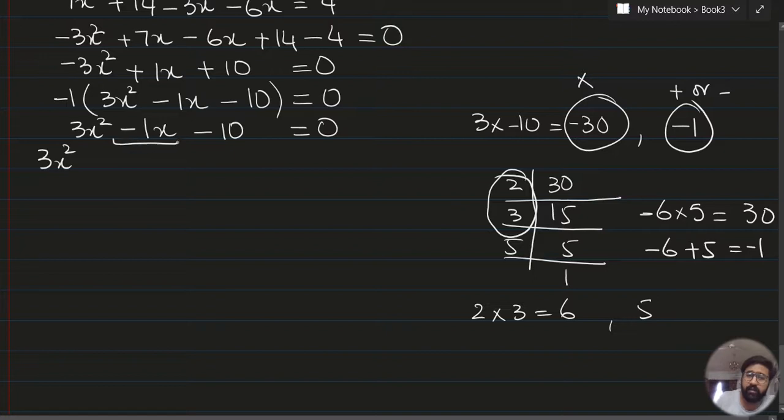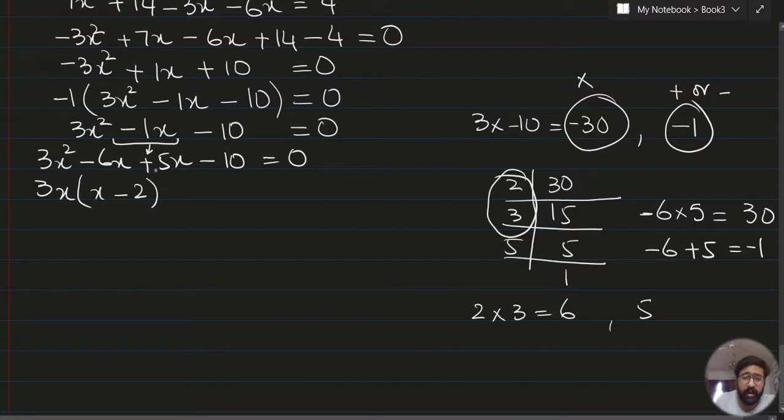Just the middle term is going to break. It is going to be minus 6x plus 5x minus 10 is equal to 0. So we are going to take common. 3 is common between the first two terms, as well as x is common. So x minus 2, and the sign will come of the third term, as well as 5 is common.